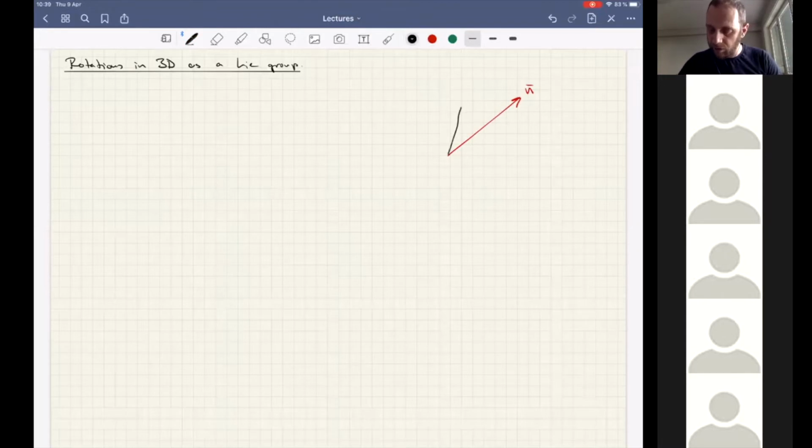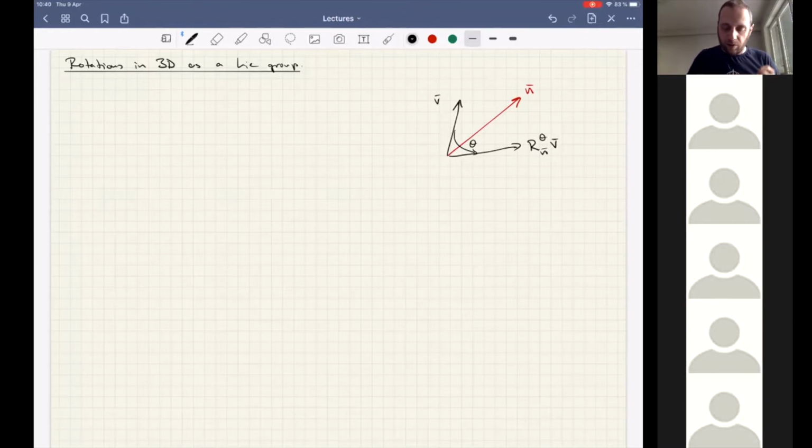So if we take this vector v, under rotations it would rotate by some angle theta and would map to what we will call R_n(theta) v. So that's what rotations do to different vectors.